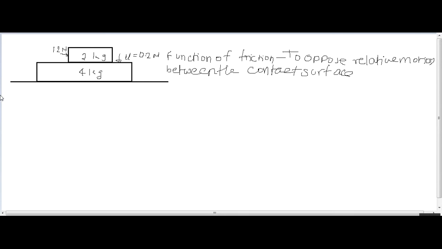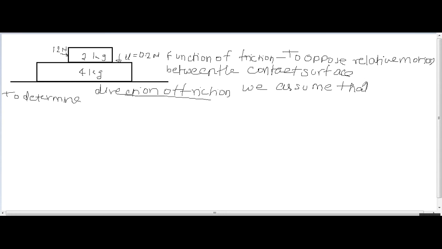To determine the direction of friction, we assume that there is no friction, and then analyze the motion.